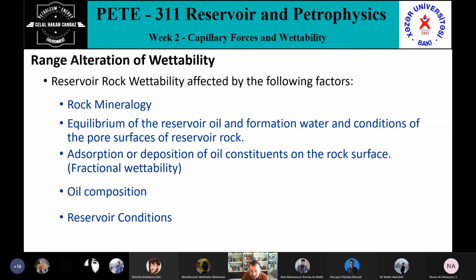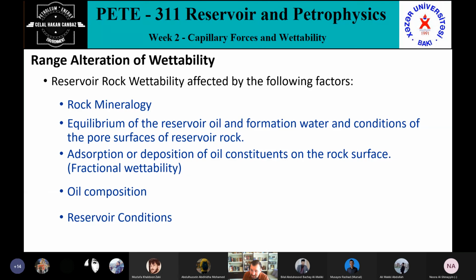Unlike fractional wettability, the oil wet surfaces in mixed wettability assume specific locations and form continuous paths through the larger pores, while the smaller pores remain water wet and contain no oil. My small pores are still water wet. There is no oil in them because of the capillarity; it doesn't let oil come inside.